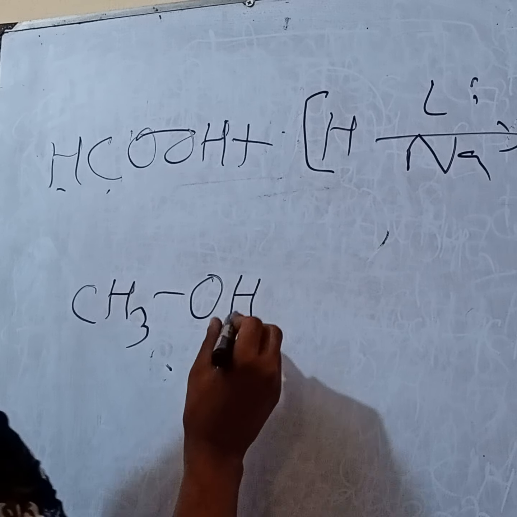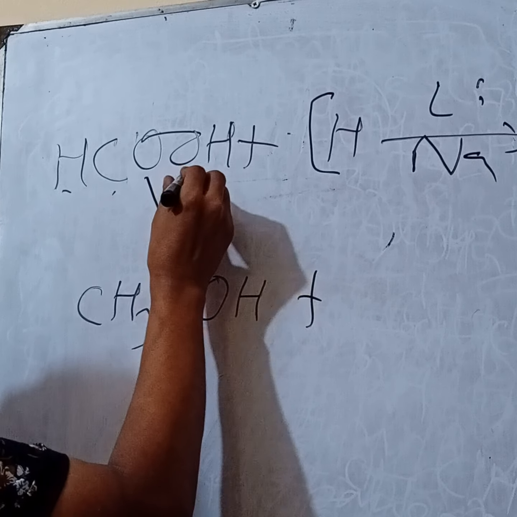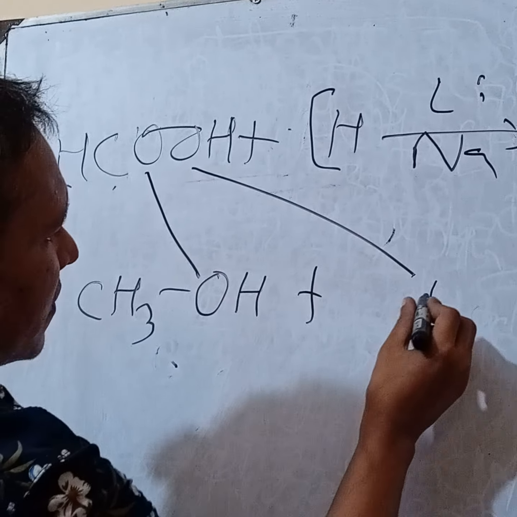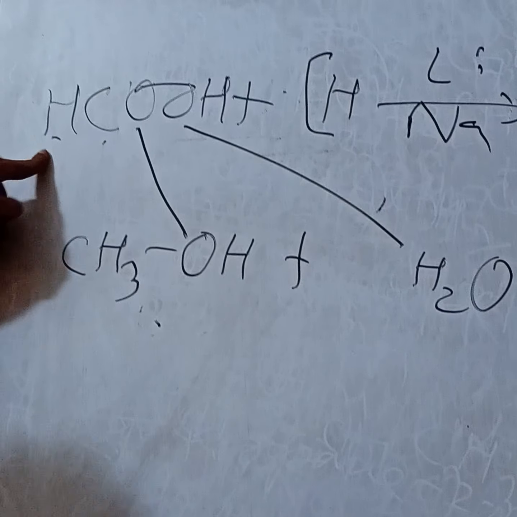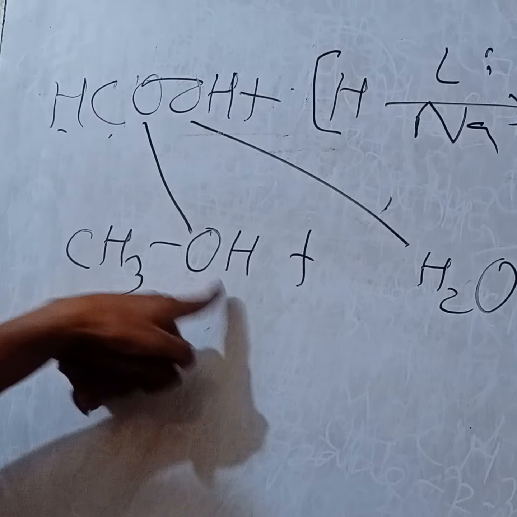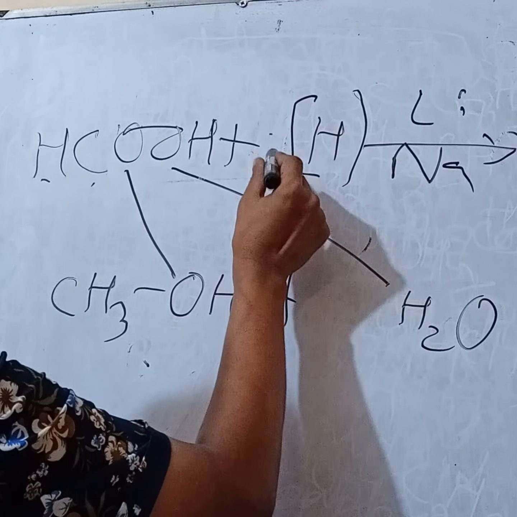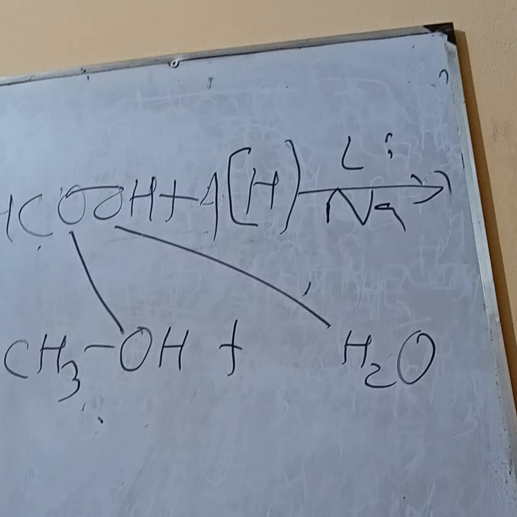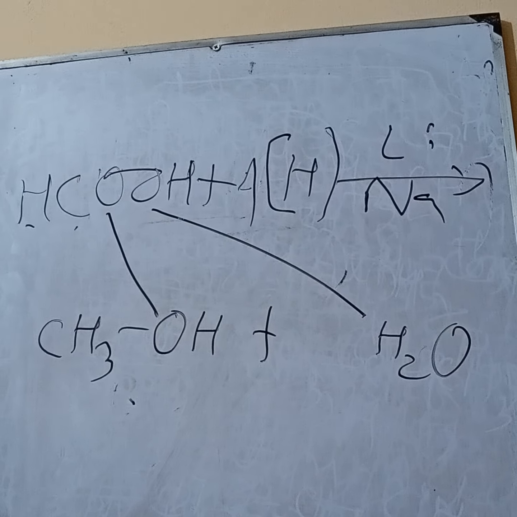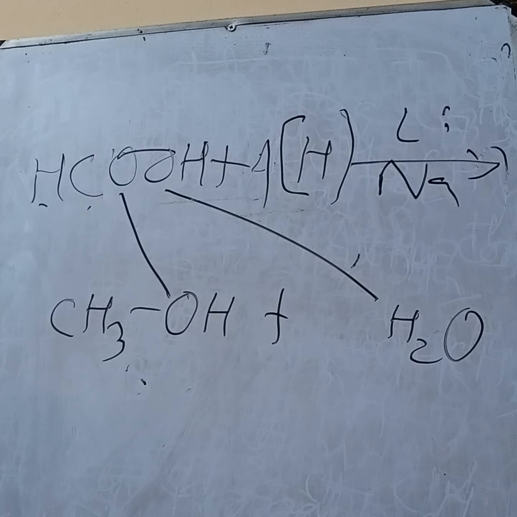Because oxygen is 1 and this oxygen here is 2, calculate: there is 2 hydrogen, then 3, 4, 5, 6. 4 hydrogen needed. Methanol is 2 methanol. Clear? Please write it down.